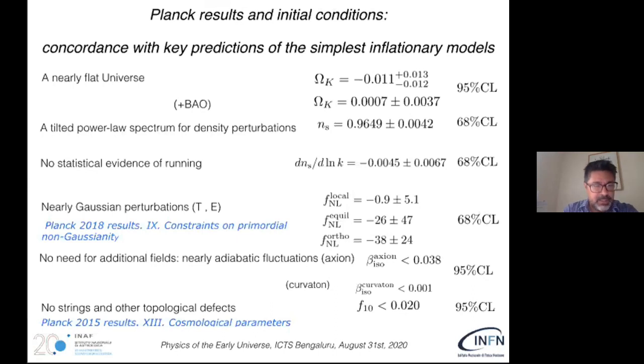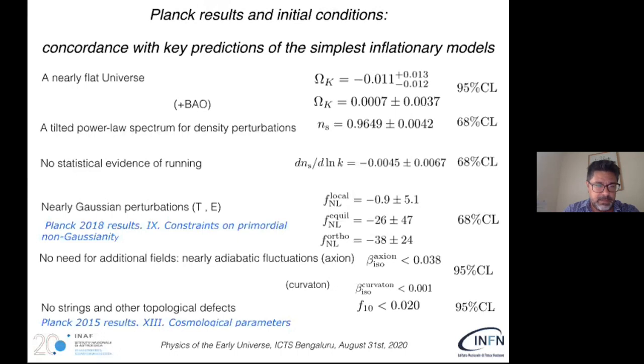So as already mentioned by Nicola, we have a measurement consistent with a flat universe at the percent level by Planck, and below the percent level with the combination of baryon acoustic oscillations.